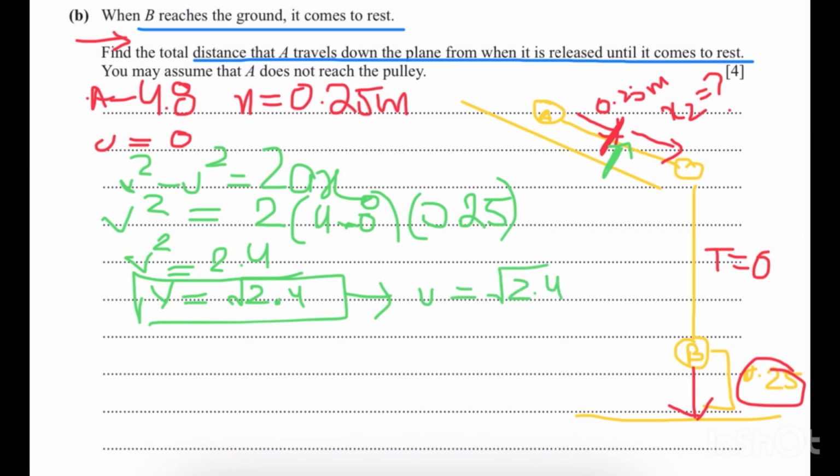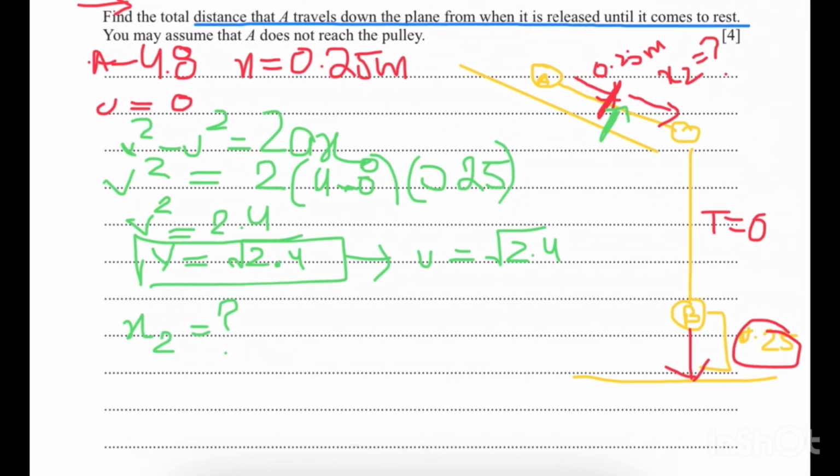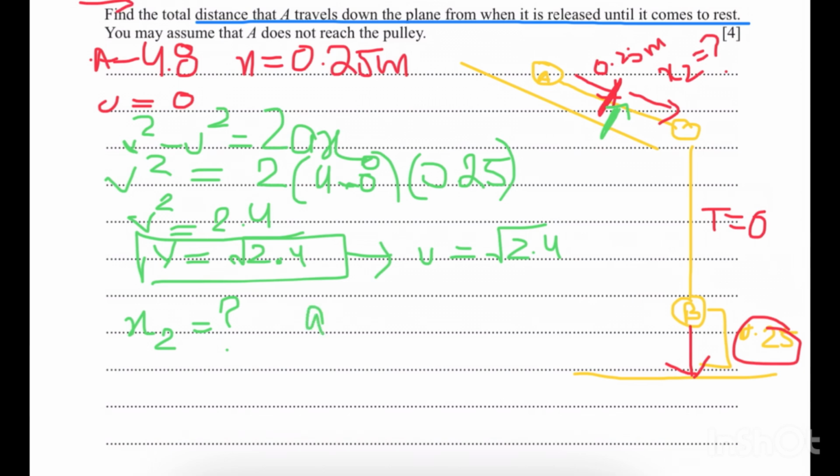And we need to find out x2, which is the distance traveled due to inertia. So let's first find the acceleration using the forces formula. Forward force minus resistive force is equal to the mass multiplied by the acceleration. In the previous part, we resolved the weight of A in both directions, so we will only use the component of the weight acting down the plane.